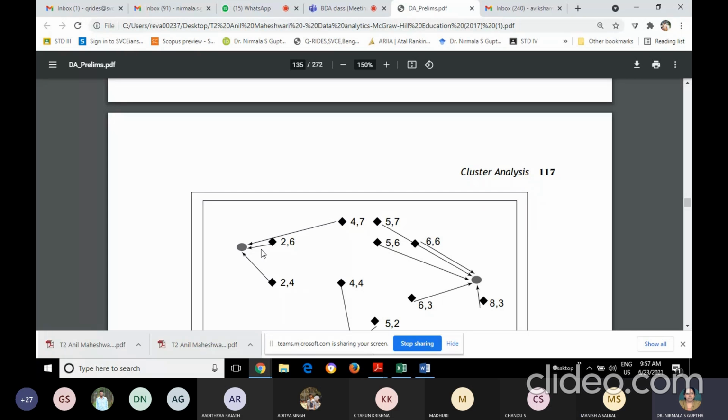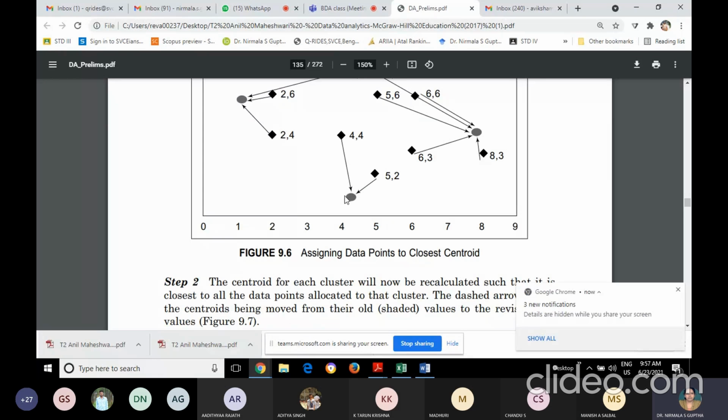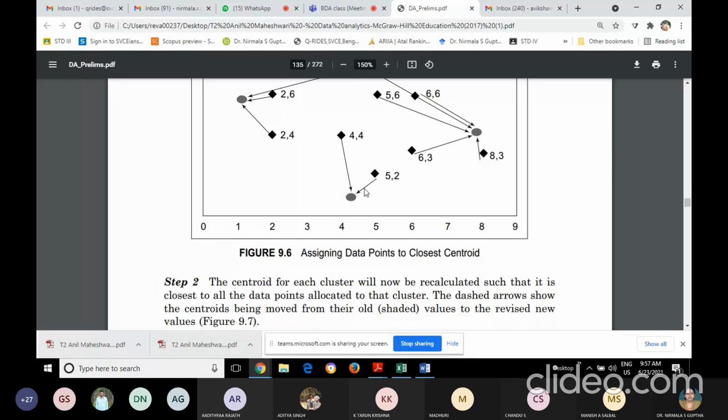Now, when I make a random centroid here, at the bottom above 4, so 5,2 and 4,4, these two data points can be very much nearer, but 100% it is not nearer. You may question me, ma'am, how can you say it is nearer? I will come to that as the second step.